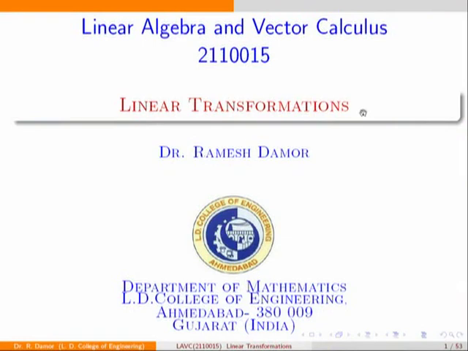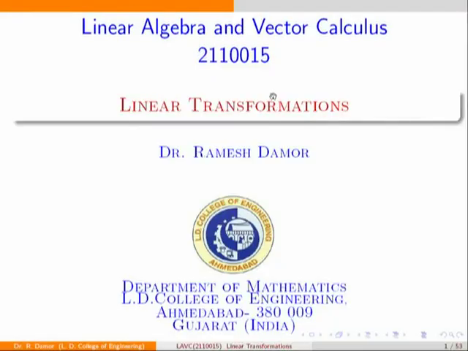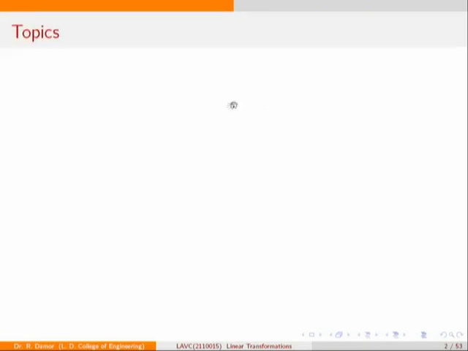In our previous lecture, we have learned about the linear transformations, basic definitions, and some simple examples to check that the transformation is linear or not. Now starting with this linear transformation. In this chapter we again recall the topics.